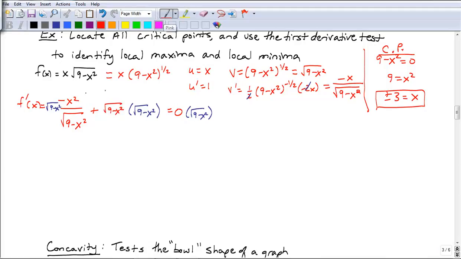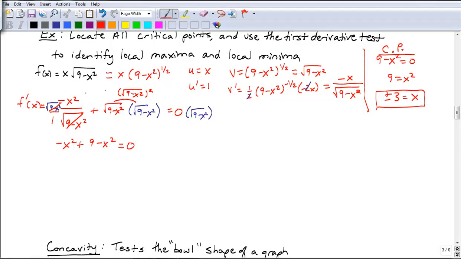I multiplied everything by the same thing; this is called clearing the denominator. Notice the square roots cancel there, and what I end up with is negative x squared plus the square root of 9 minus x squared times the square root of 9 minus x squared. That's the square root of 9 minus x squared, squared, which is just 9 minus x squared.